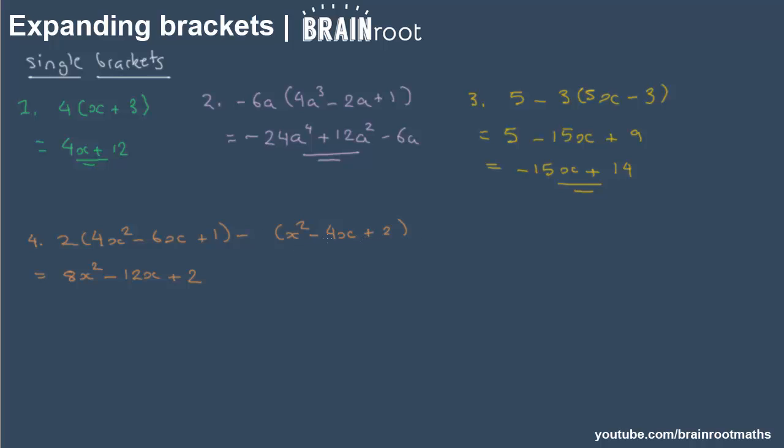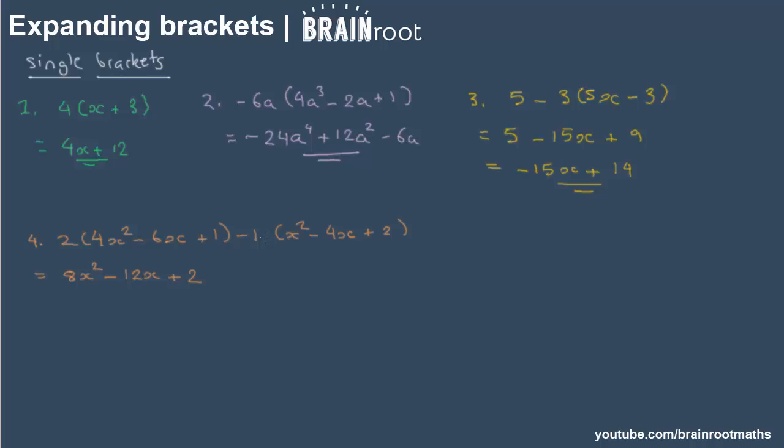The thing that's interesting about this is, some people may write down minus x squared minus 4x plus 2, which is of course wrong, because this is basically a single bracket in disguise, because you're timesing minus 1 by this bracket. Their signs have to change around because there's a minus here and there's brackets here.